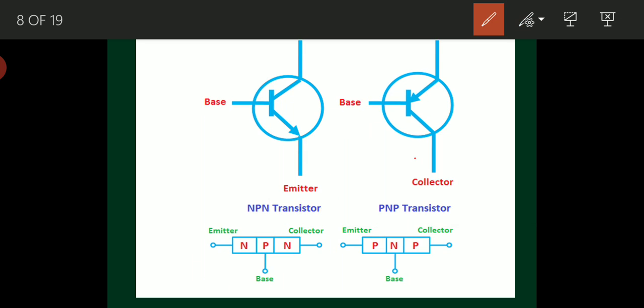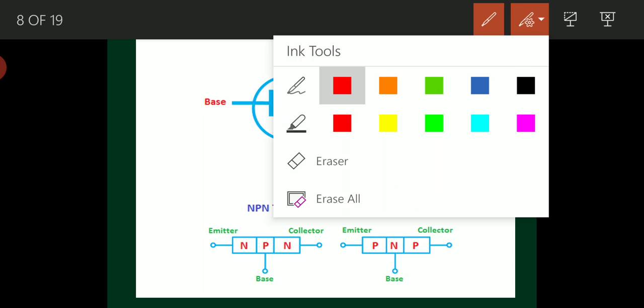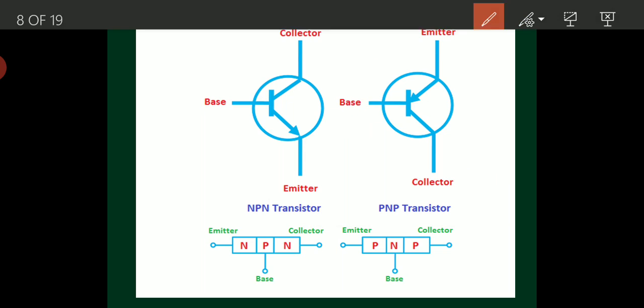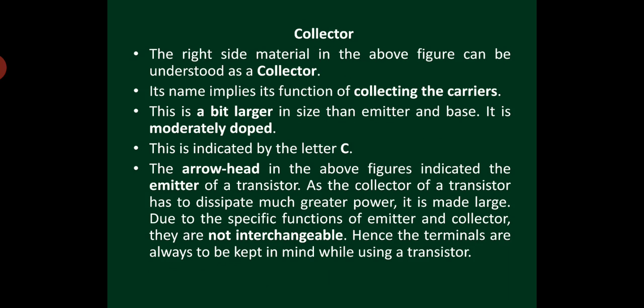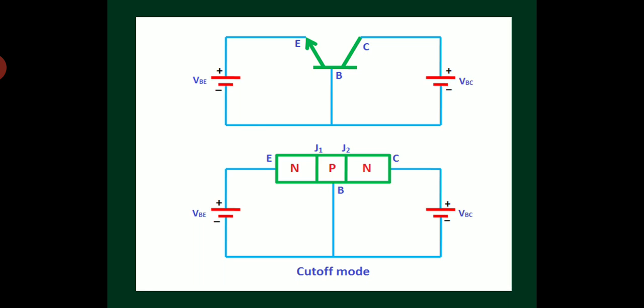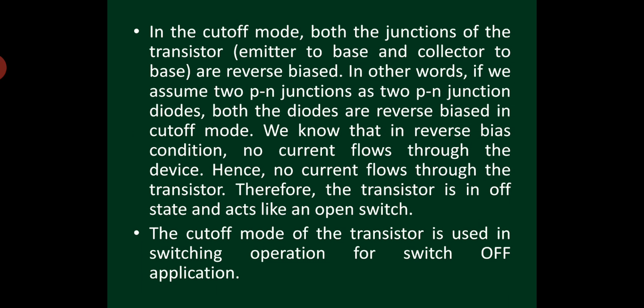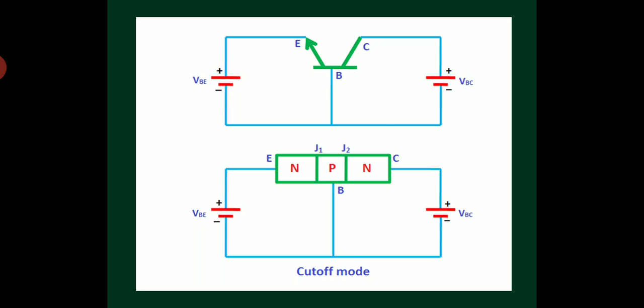In order to make the transistor work in cutoff mode, what do we have to do?